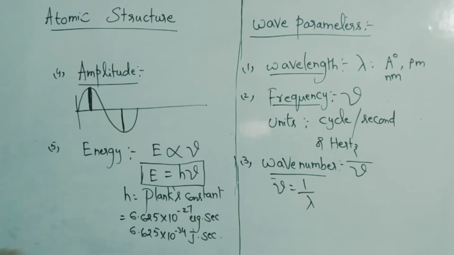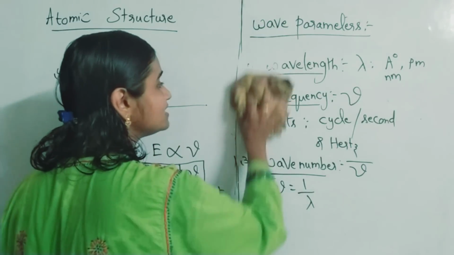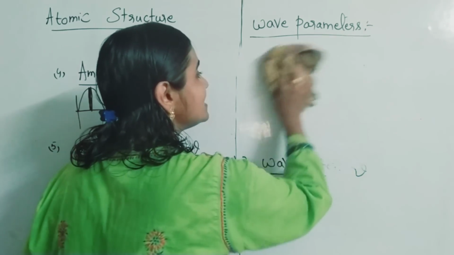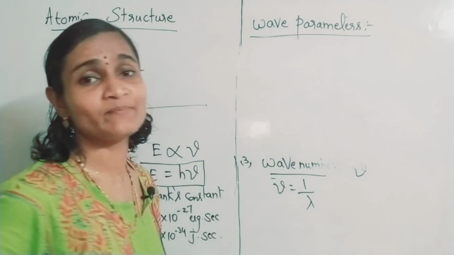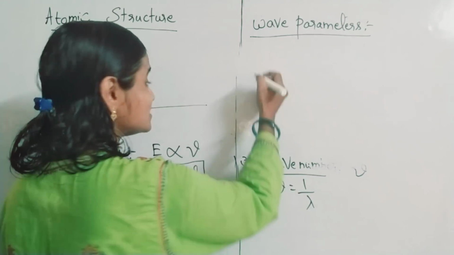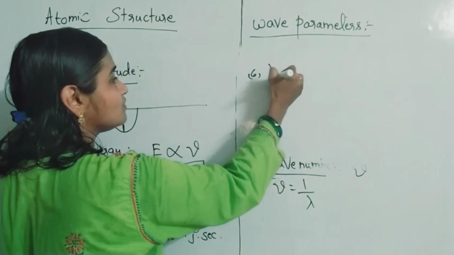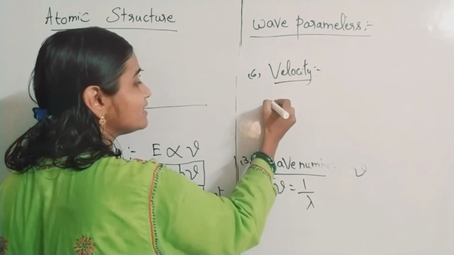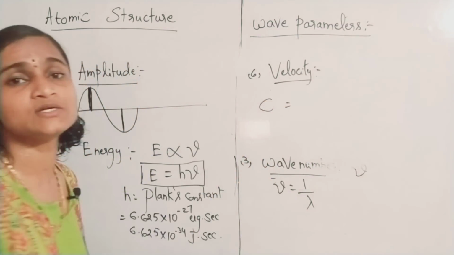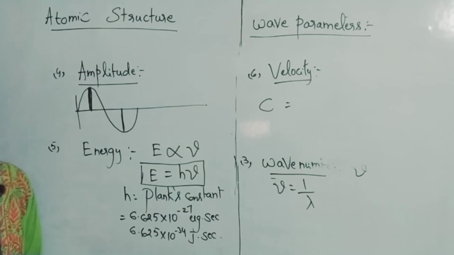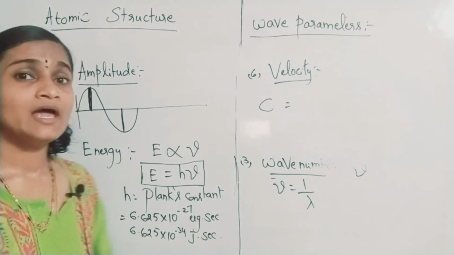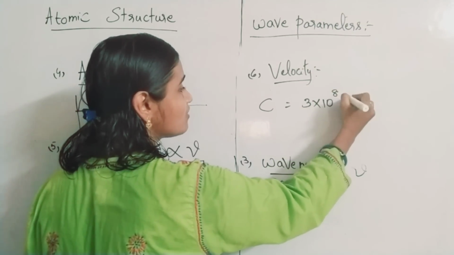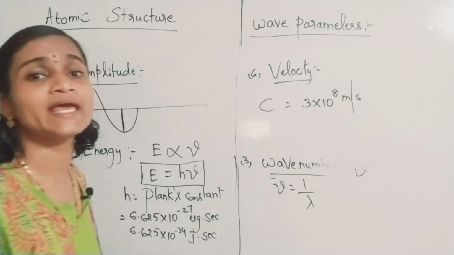Energy. And in wave parameters we also come across velocity. All electromagnetic radiations travel with the velocity of light. You all know that. Sixth one is velocity. Velocity is denoted by the symbol c, and c is equal to the velocity of light, that is 3 into 10 to the power of 8 meters per second.